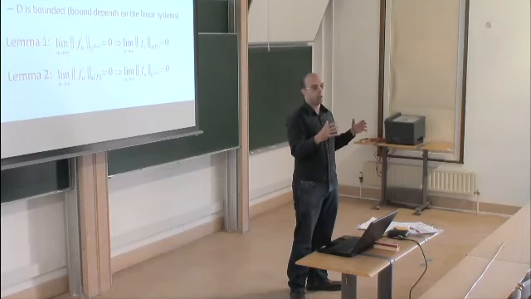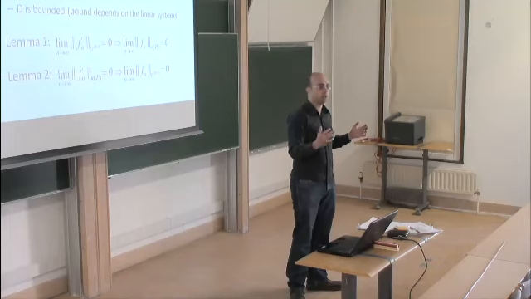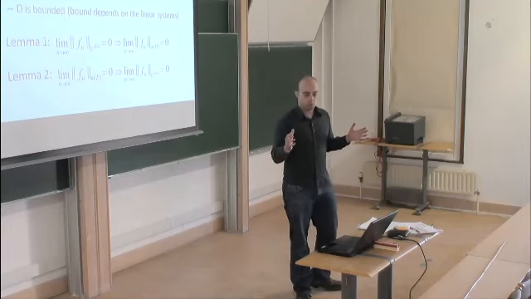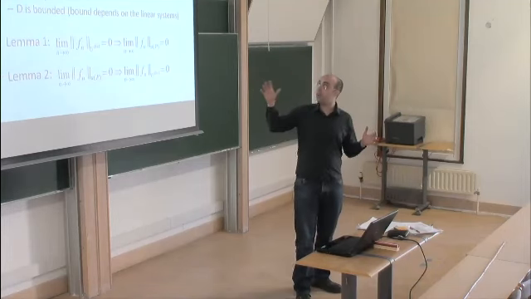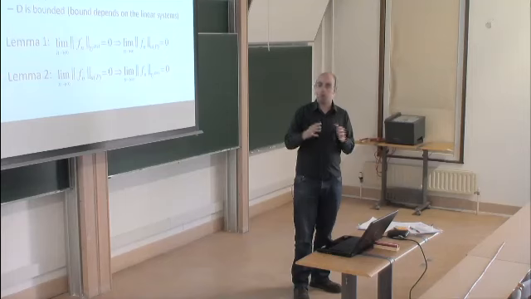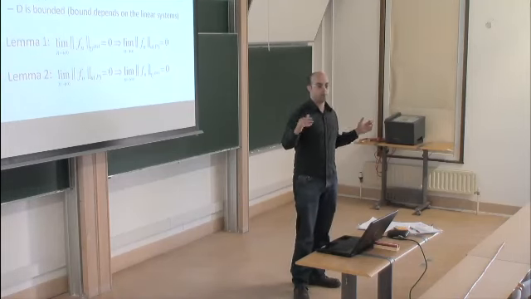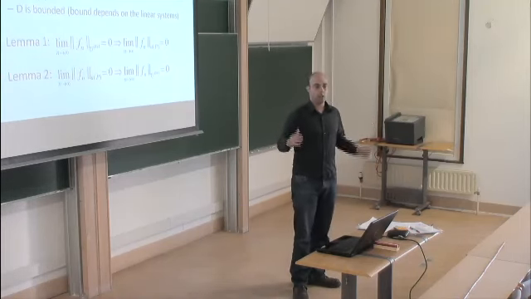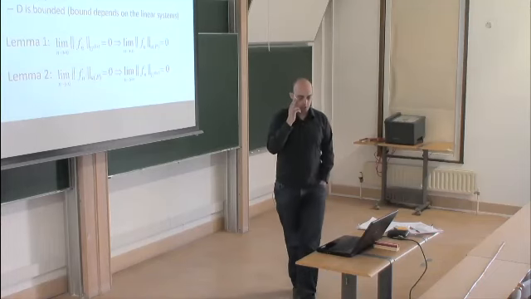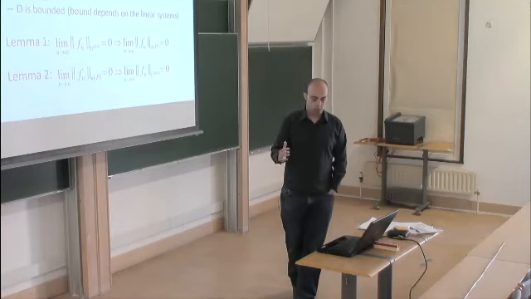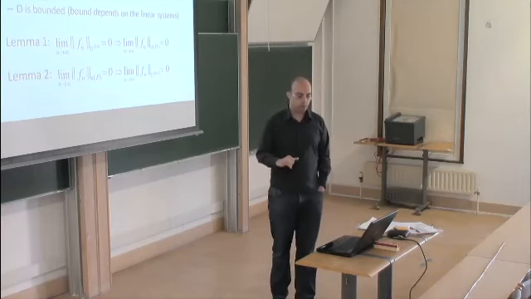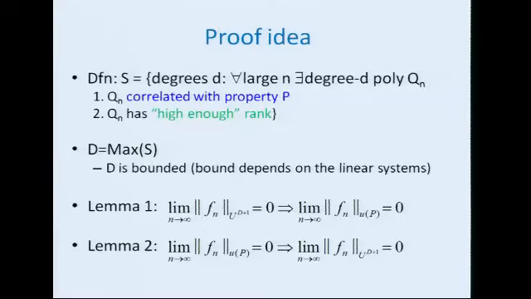So it's equivalent to having no correlation with lower degree polynomials. So really, I can find random looking polynomials of more and more variables, and all of them have some correlation with our property. And this set of correlations has some uniform lower bound. Okay, so that's the definition.